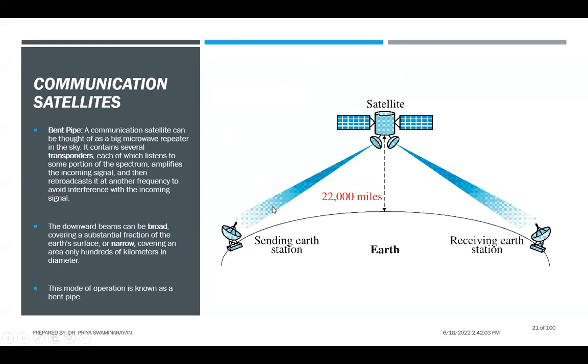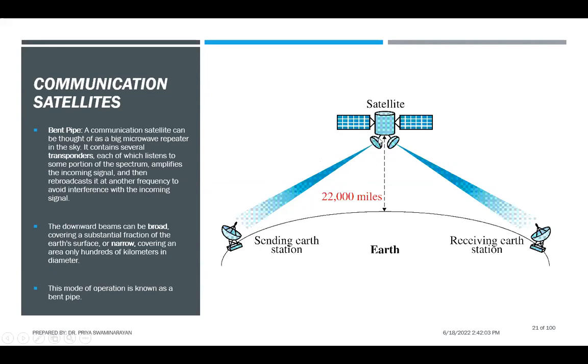One frequency is for upward, known as the uplink, and the second is the downlink. Whenever we transfer data from Earth station to satellite, it is known as the uplink, and for the uplink we have to use a different frequency. Whenever we transfer data from satellite to Earth station, that is known as the downlink. Again, for the downlink the frequency should be different, to avoid interference between uplink and downlink.